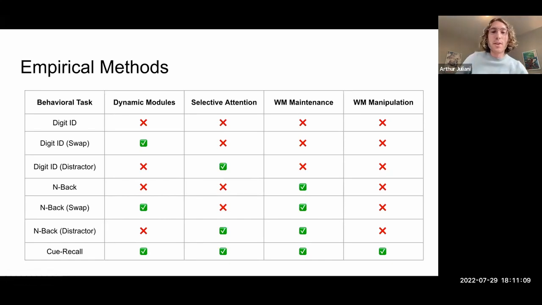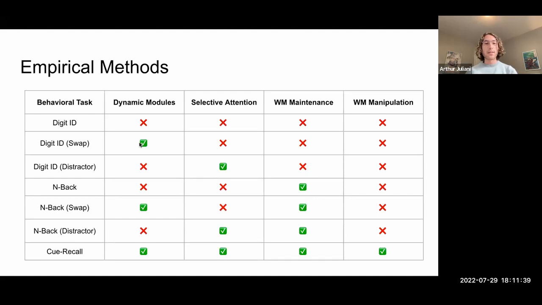This diagram shows the a priori expectation of which of the 4 criteria that we outlined for the global workspace is relevant for each of the tasks. So at the high level, the digit ID tasks, the basic version, has no expectation for any of the global workspace criteria. The NBAC tasks are expected to utilize or require maintenance of information in working memory.